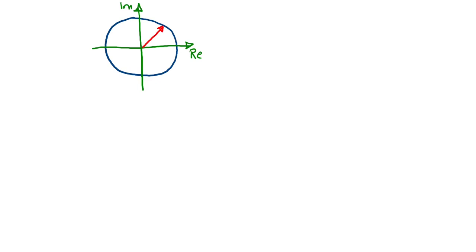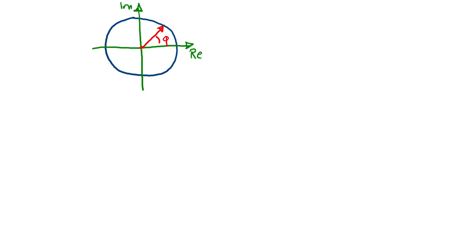The pointer starts at the origin of the coordinate system and ends on the circle here. The arrow has an angle. Let's call it phi.